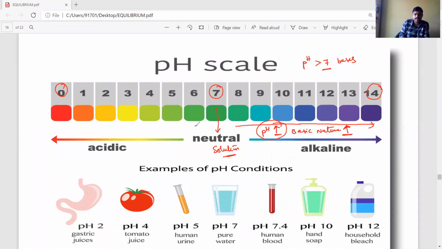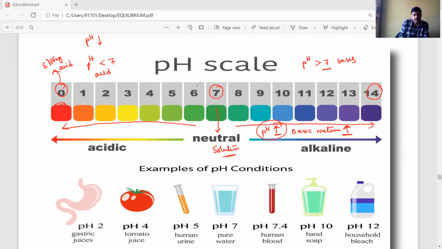If the pH value is less than 7, like 6, then it is an acidic solution. If the pH value decreases, for example pH is 0, that means strong acid.